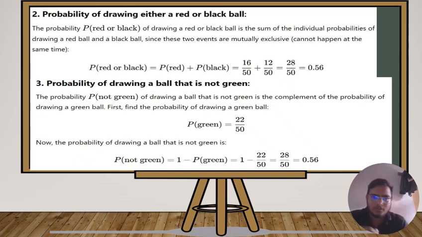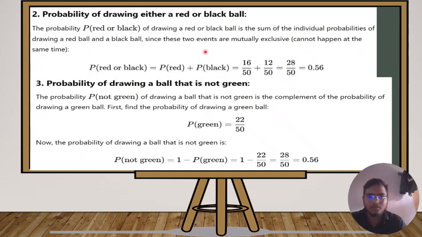See the solution: the probability of drawing either red or black, P of red or black, is the sum of the individual probabilities of drawing a red ball and a black ball.